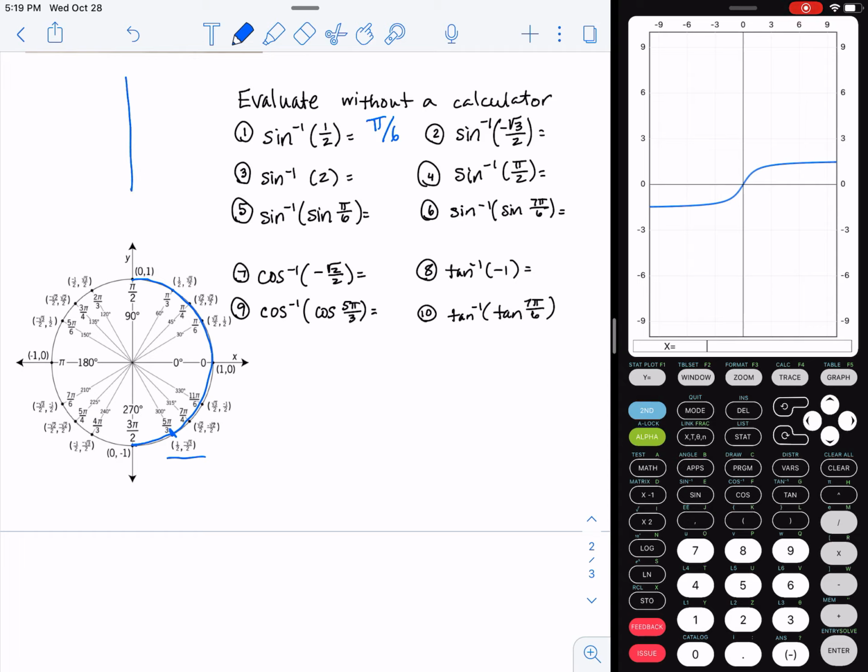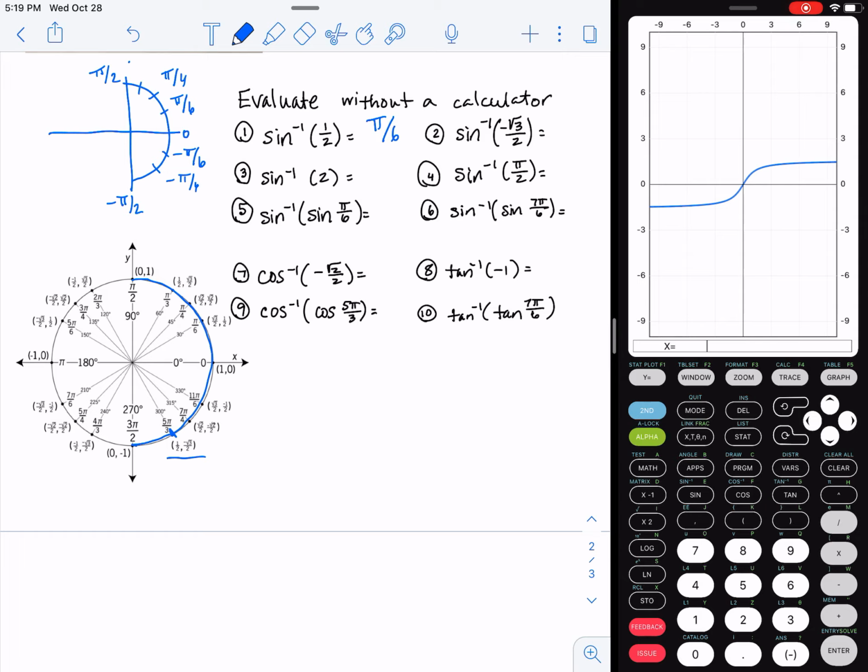Well, that's kind of a problem. So when I'm dealing with the unit circle here, and I'm going from negative pi over 2 to pi over 2, and here's 0, I know that this is pi over 6, which means if I go in the clockwise direction, that's a negative pi over 6. And here would be pi over 4. If I go in the negative direction, it's a negative pi over 4.